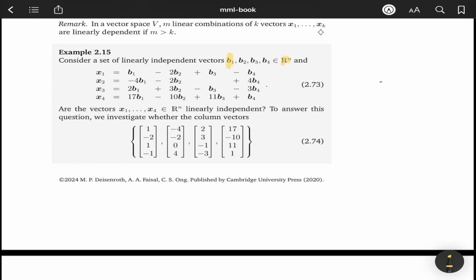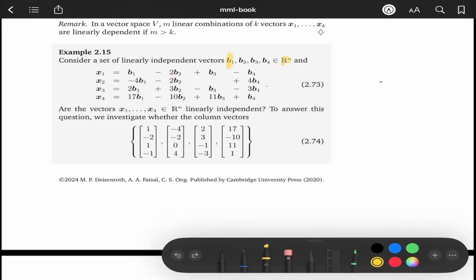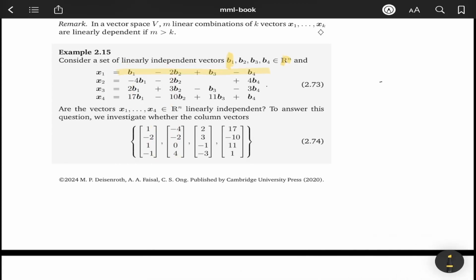We have to use an abstract way. And here what they're doing is they just take the scalars, in this case the lambdas, and then put them in what they call the column vectors. This one is this scalar, that one is that scalar, and so on. No, that's wrong. Other way. This one is here, that one is here.